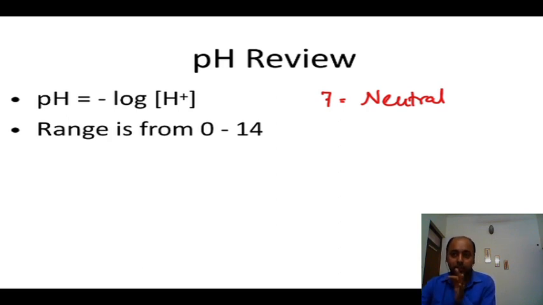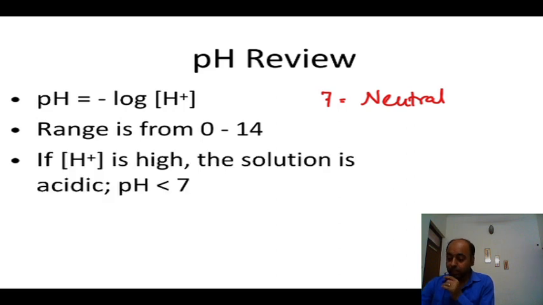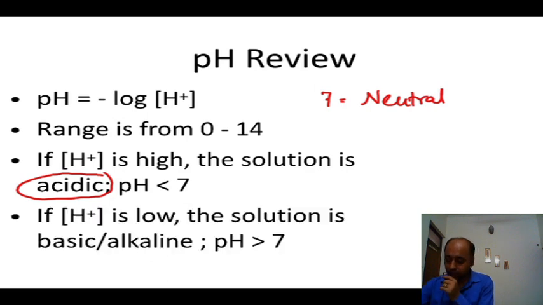Now, normally in the chemistry lab, if the value of pH is less than 7, the solution is acidic, because the H plus concentration is more than what is seen in the neutral. Similarly, if the value is more than 7, we call it basic or alkaline.